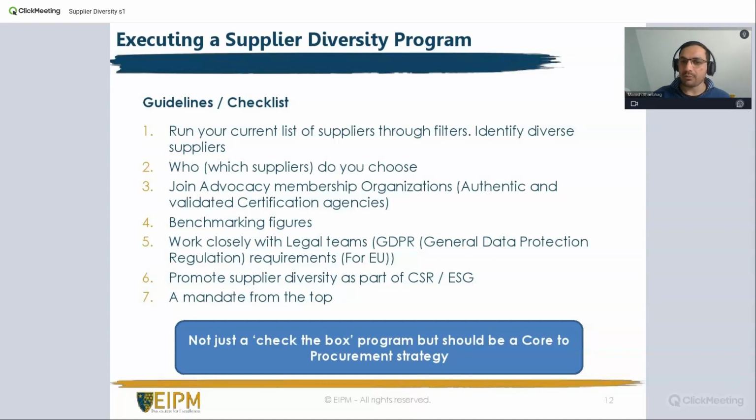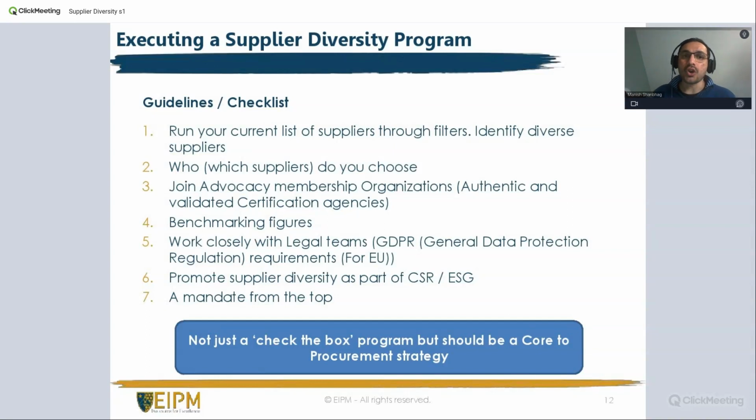There might be a specific program that you have developed, or you identified some very specific innovative capability within a supplier. You could work on that. Then, join an advocacy membership organization. There are plenty of authentic and validated certification agencies who can certify these suppliers as diverse suppliers.